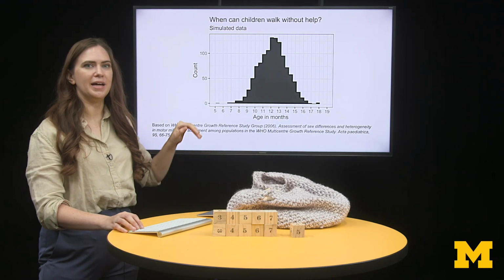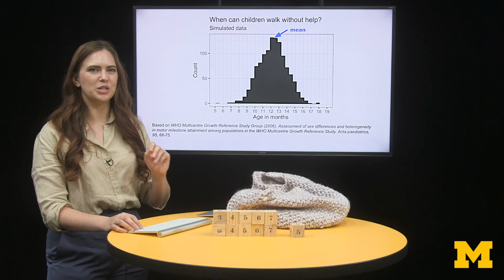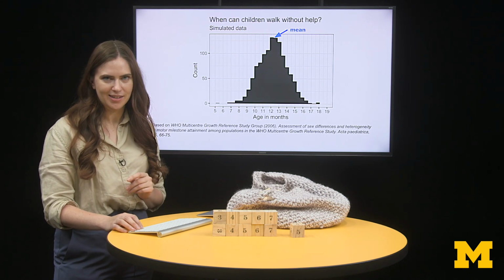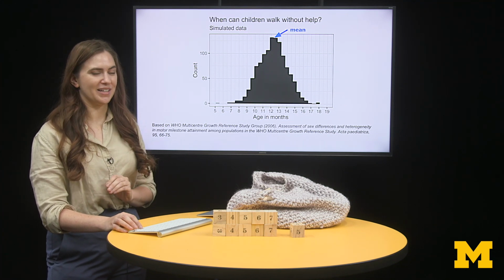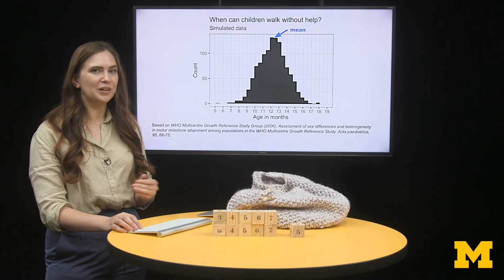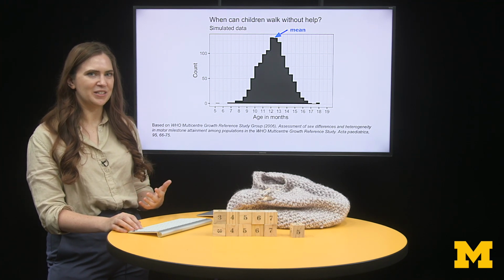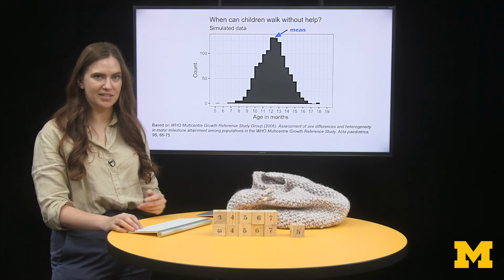So how many? Now, the mean of this distribution is about 12.17 months. That's a very exact number. That's the peak. Could you imagine if we told parents that they should expect their baby to walk at 12.17 months? Almost no babies would actually walk at that precise time. Most would walk a little before or a little after. We'd have parents calling the doctor because their baby walked early at 12 months or late at 14 months.